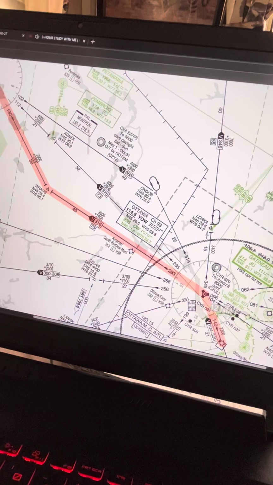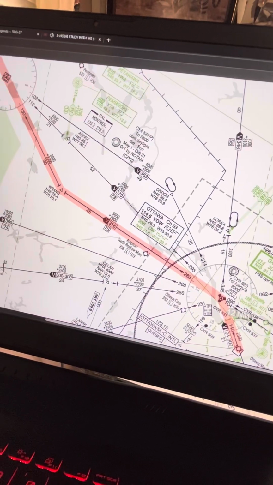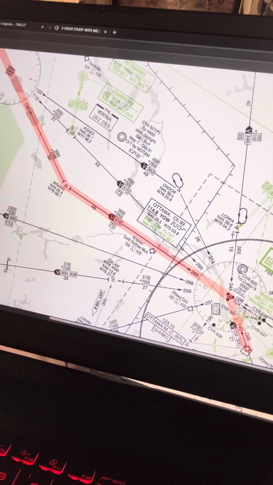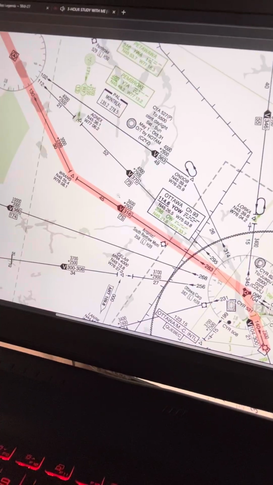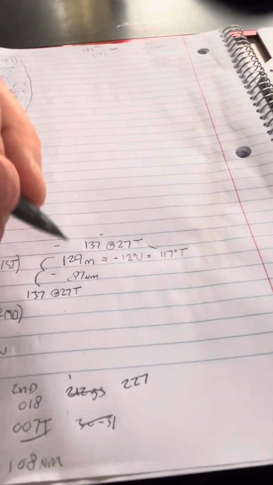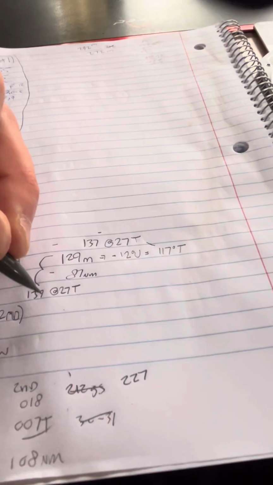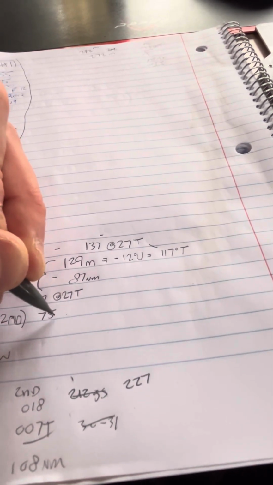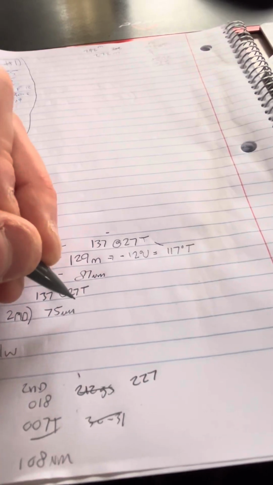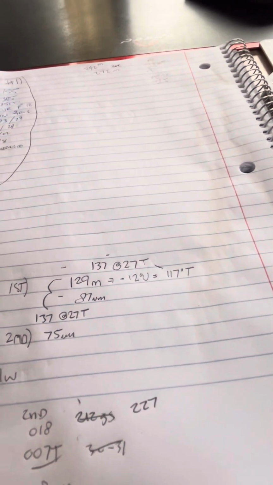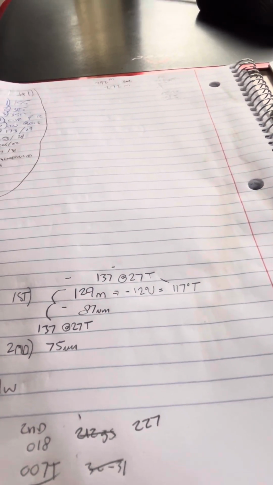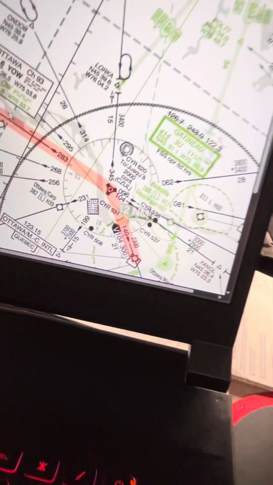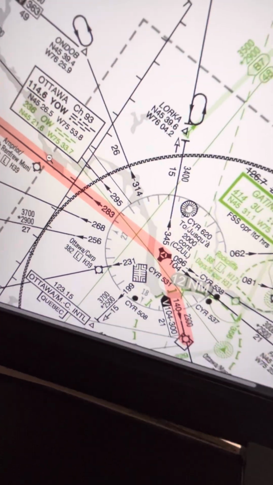We're going to be getting on the Victor 316, which shows right here 75 miles. So it's 75 nautical miles. And we have an inbound track here. It's on the 283 outbound.